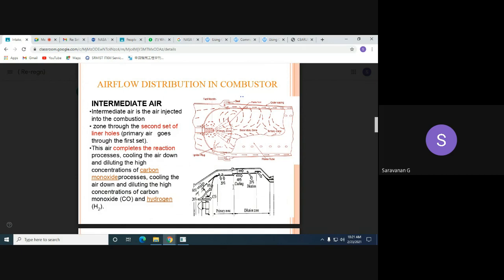This air completes the reaction processes, cooling the air down and diluting the high concentration of carbon monoxide and hydrogen. That is the objective of providing the second stream, the intermediate stream, to the combustion chamber. This is the 20, 40, and 20 system with the flame tube: primary, secondary, and tertiary.